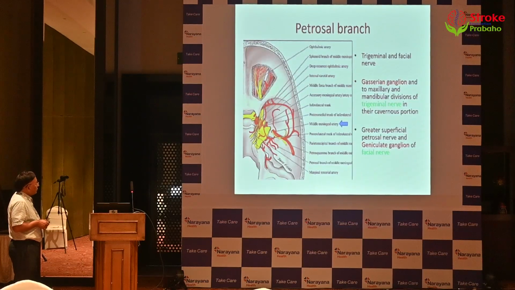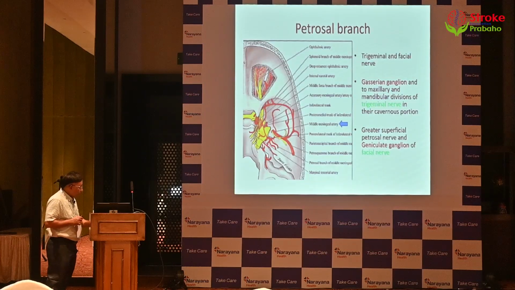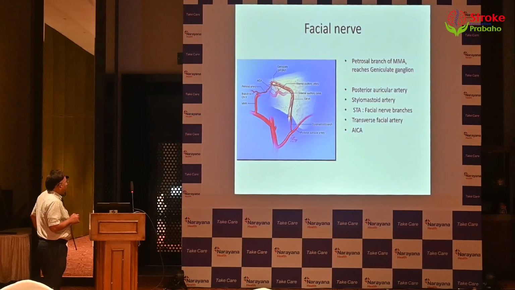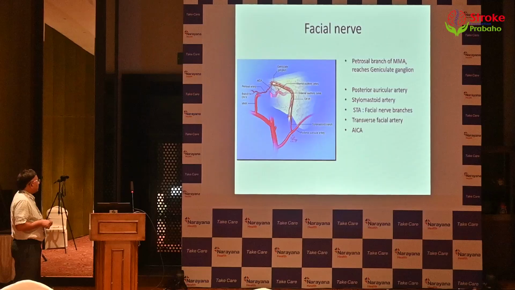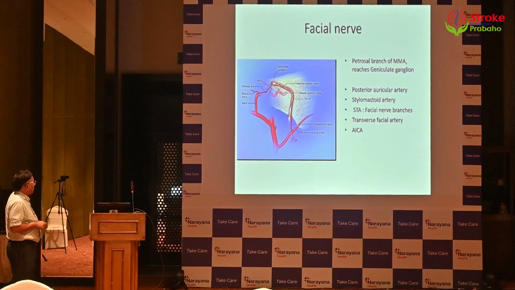So the trigeminal and facial nerves are supplied by the petrosal branch of the middle meningeal artery, mainly the Gasserian ganglion and the geniculate ganglion. But the facial nerve is supplied by multiple blood vessels. So this is the middle meningeal artery, and this is the petrosal artery, which is supplying the geniculate ganglion.